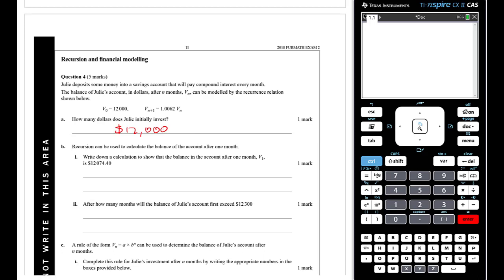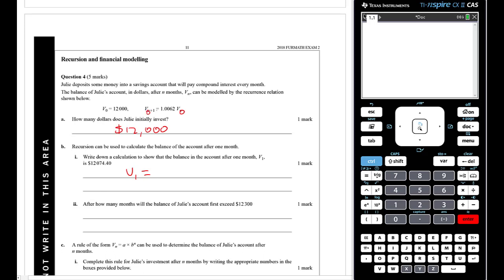Okay, B. Recursion can be used to calculate the balance of the account after 1 month. Write down a calculation to show that the balance in the account after 1 month, V1, is that amount. So I'm going to put an extra step in just to show you what I'm doing, but I'll tell you what answer you actually need to give. Basically, V1 equals, remember, it's a recurrence relation. If I put V0 there, that means I have V1.